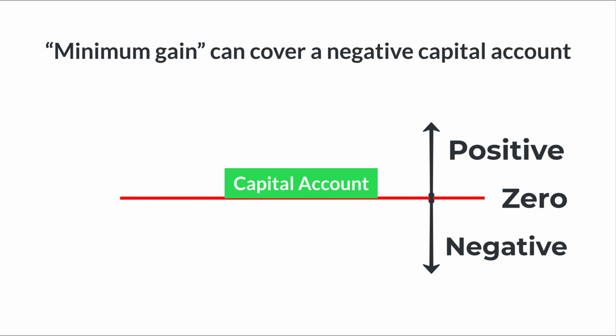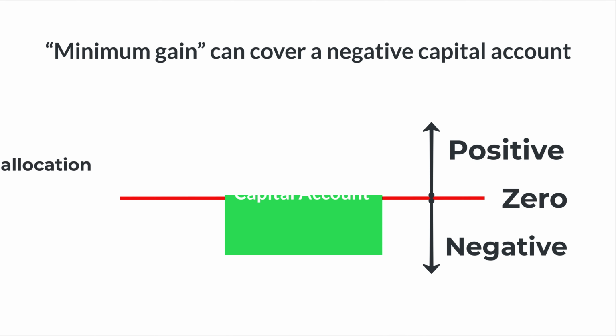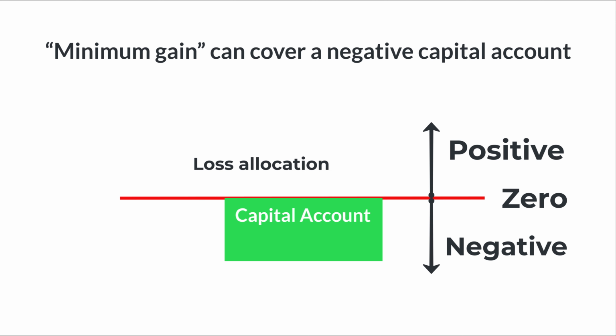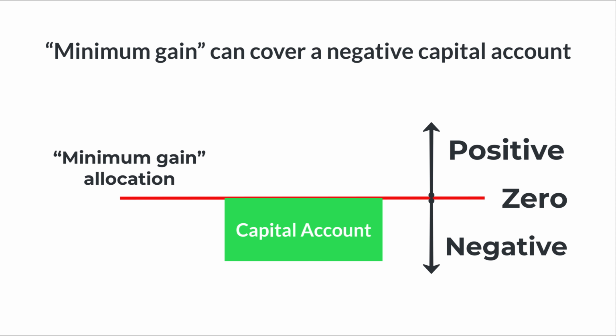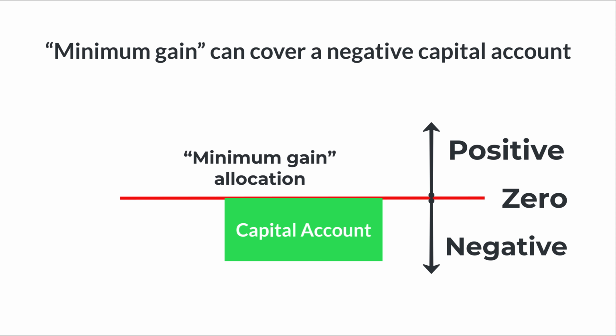What happens is the minimum gain compensates for the negative capital account and, in effect, substitutes for the negative capital account restoration requirement. The partner doesn't actually recognize the minimum gain unless the property is lost in foreclosure.